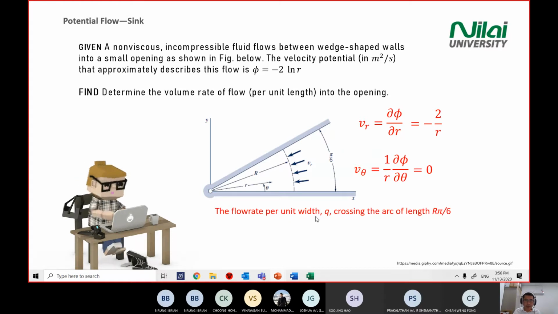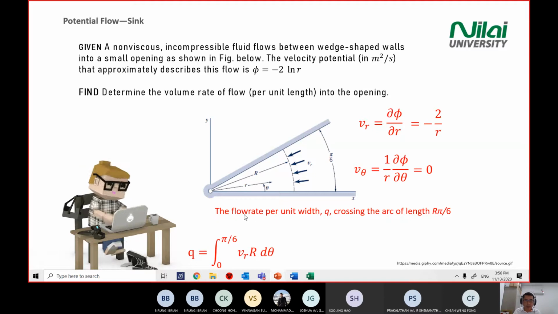The flow rate per unit width q across the arc, with the length of r times pi divided by 6, is the arc length. We know that the circumference of a circle equals 2 pi r, so you only take this angle, pi/6, times r, and you get the arc length.